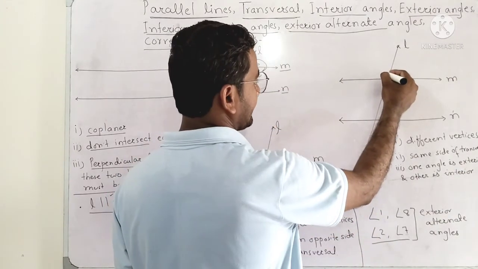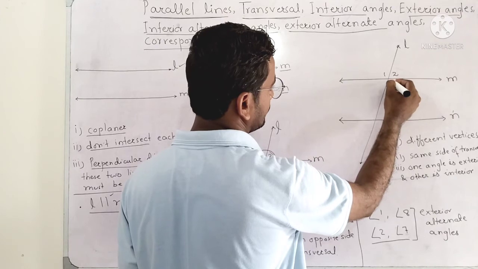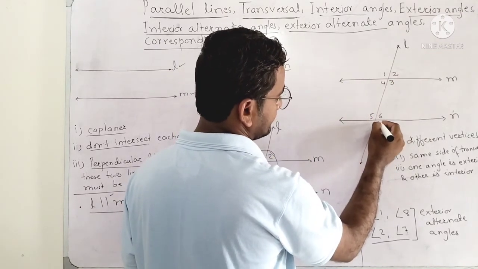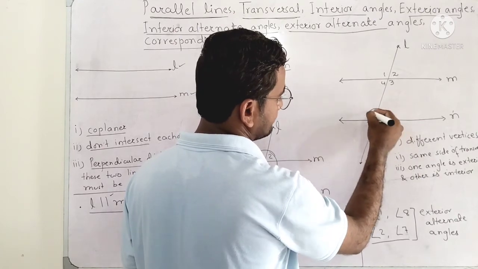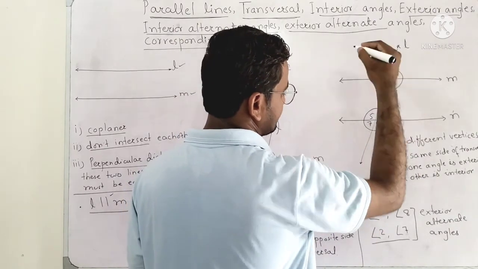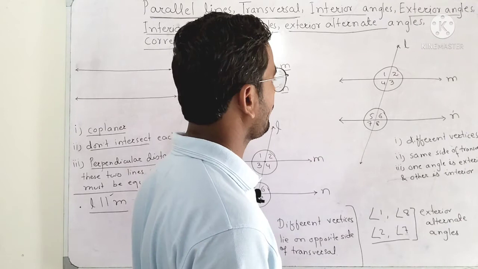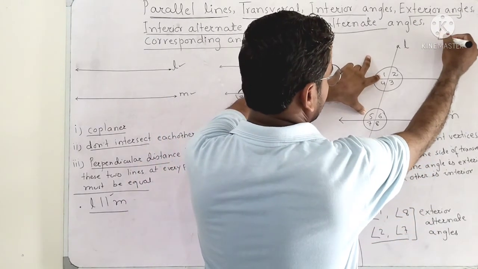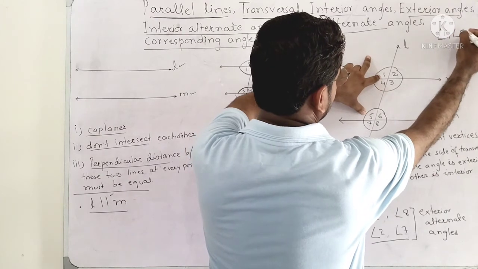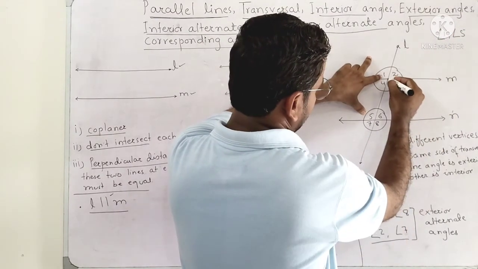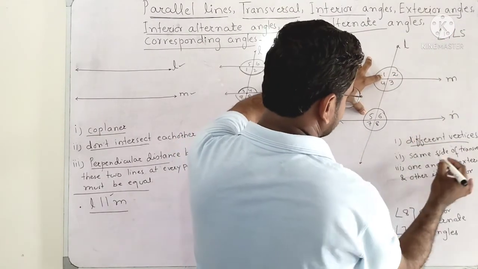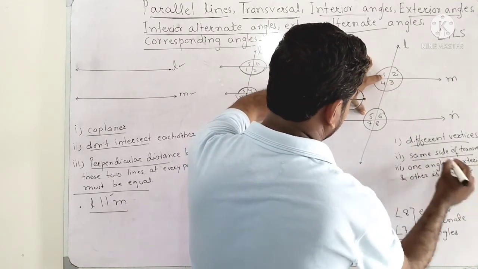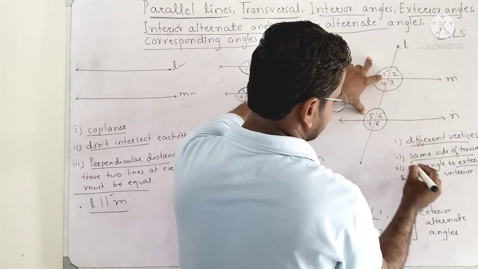So in this way, angles 1, 2, 3, 4, 5, 6, 7, 8. In these angles, angle 1 and angle 5 both lie on different vertices on the same side of the transversal. One angle is exterior, the other angle is interior.